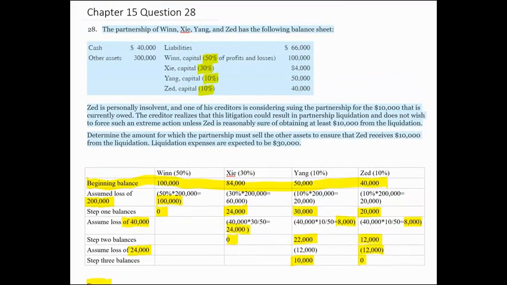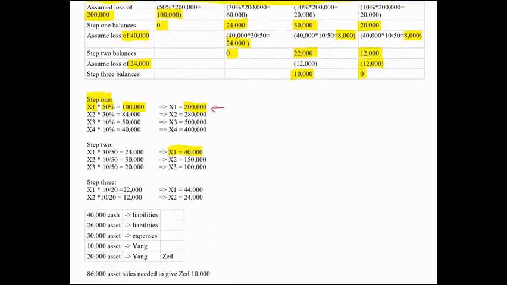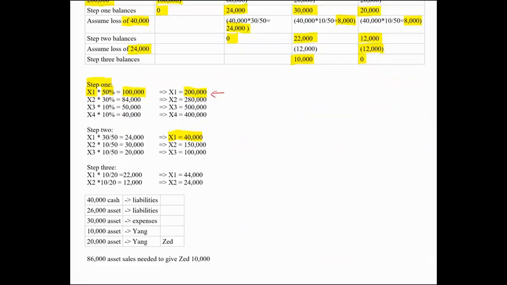Based on the current balance sheet, we know that the partnership has $40,000 cash and $66,000 liabilities. We also need to pay a liquidation expense of $30,000, but its total other assets are worth $300,000. So then this distribution schedule will look like this. First, the $40,000 cash needs to be used to pay the liabilities.